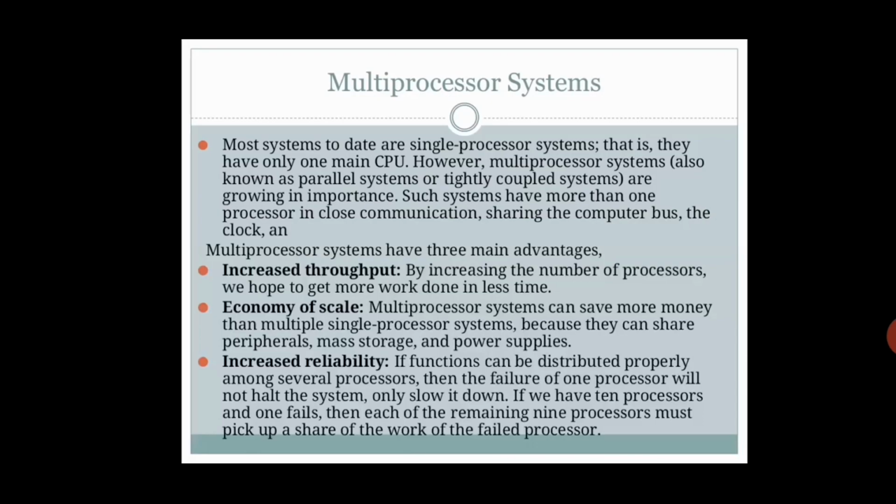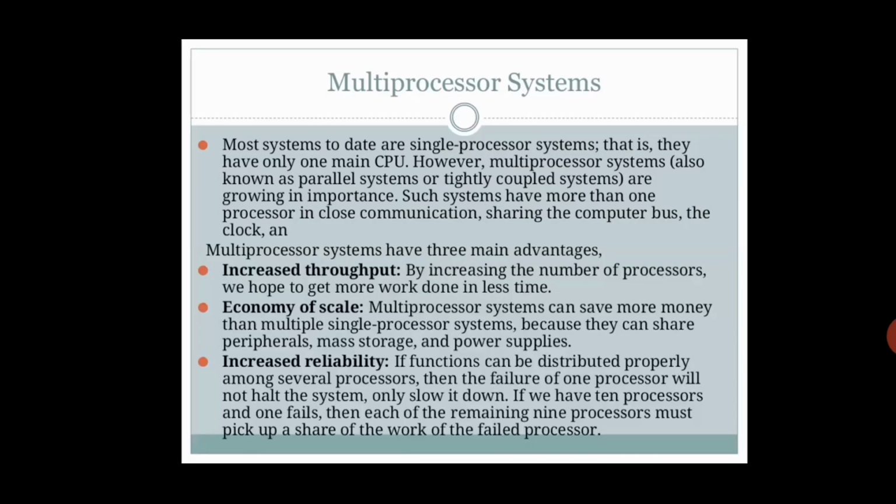Second one is economy of scale. Multiprocessor systems can save more money than multiple single processor systems, because they can share peripherals, mass storage, and power supplies. What is the meaning? So instead of putting 10 separate systems and giving separate power supply to those 10 systems, or giving separate storage area for those 10 systems, or separate keyboard, mouse, and all the required hardware or peripherals, it is better to implement all those concepts in a particular system which has got the best performance, isn't it?